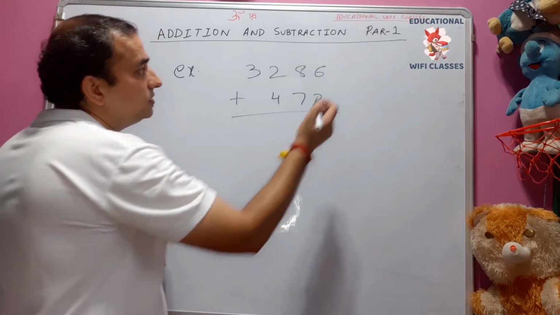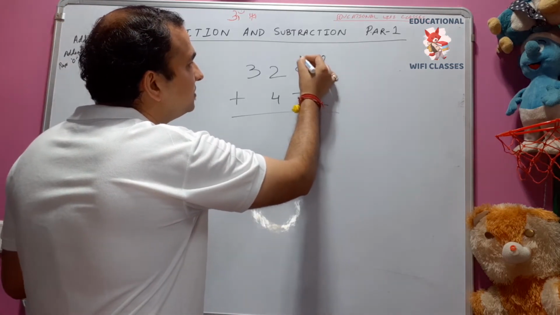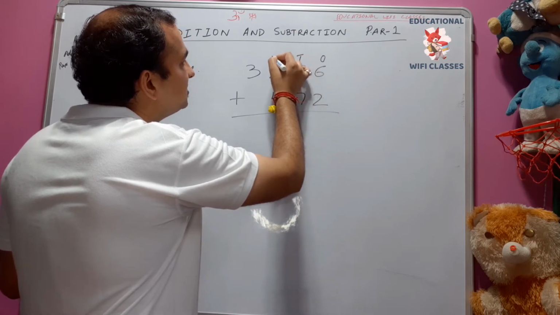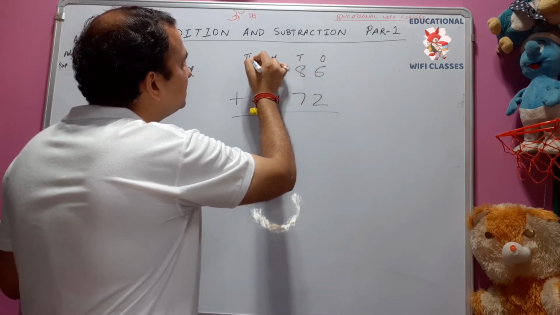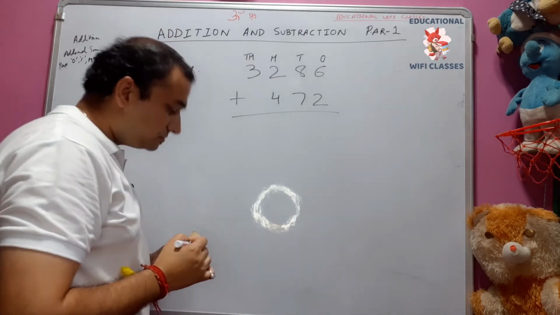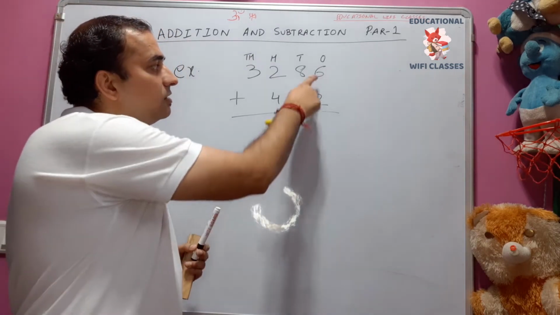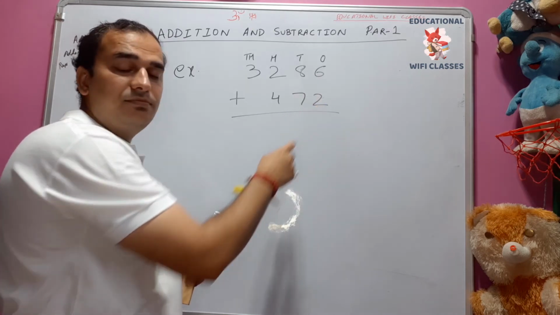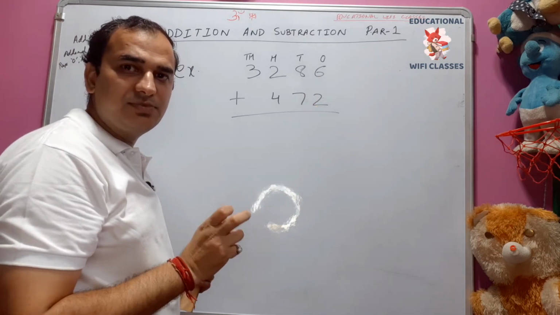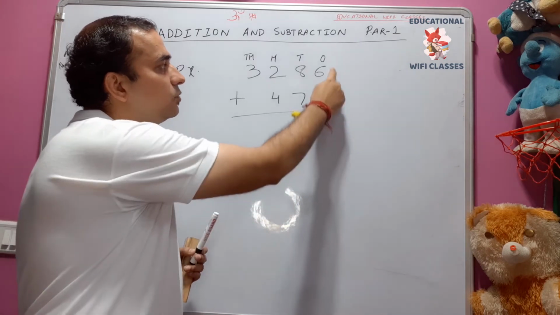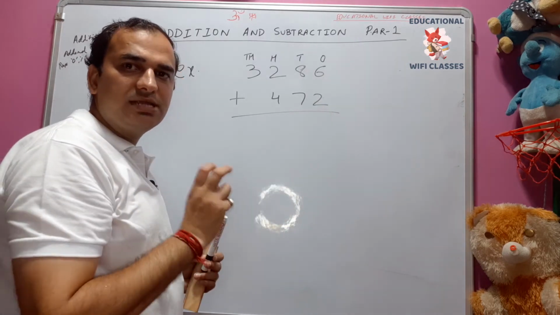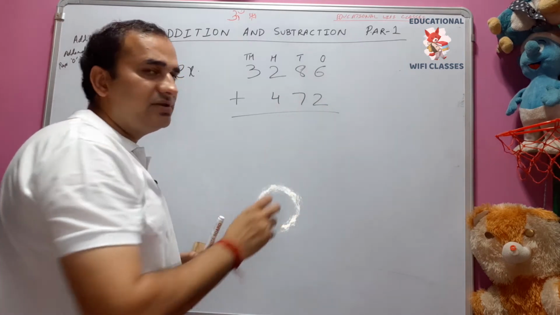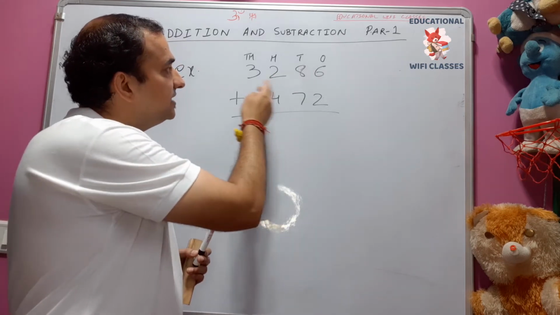So here we put O for ones, T for tens, H for hundreds, and TH for thousands. What you can see in both the numbers is that the digit on the ones place is under ones, the digit on tens place is under tens, and the digit on hundreds is under hundreds, and so on.